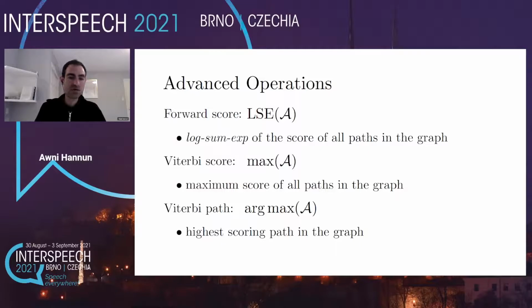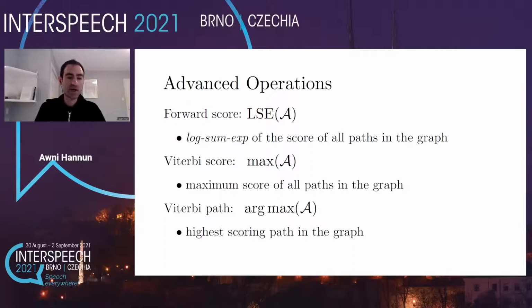Now, the Viterbi score does almost the exact same thing, but instead of accumulating the path scores with log sum exp, it takes the max over all of them. So the forward score and the Viterbi score are almost the same, except you switch the operation you reduce the path scores with from a log sum exp to a max.